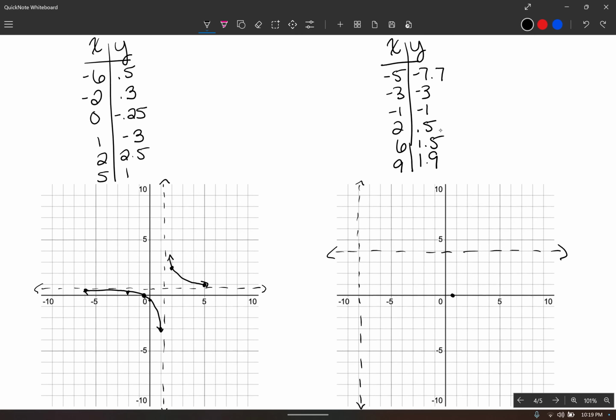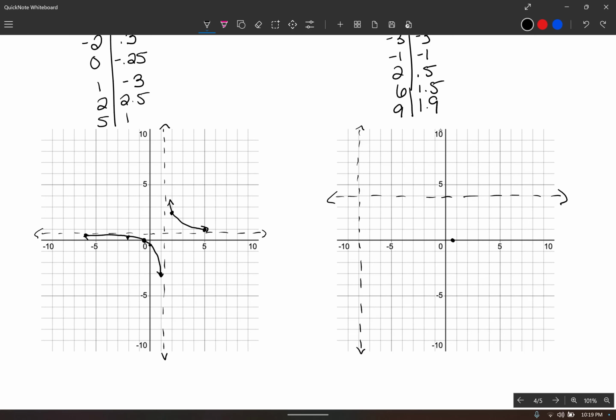So we have -5, -7.7, -3, -3, -1, -1, 2 up a half, 6 up 1.5, and 9 up 1.9. So we don't have a super good picture of this, but we can still draw what we can fit on our graph.